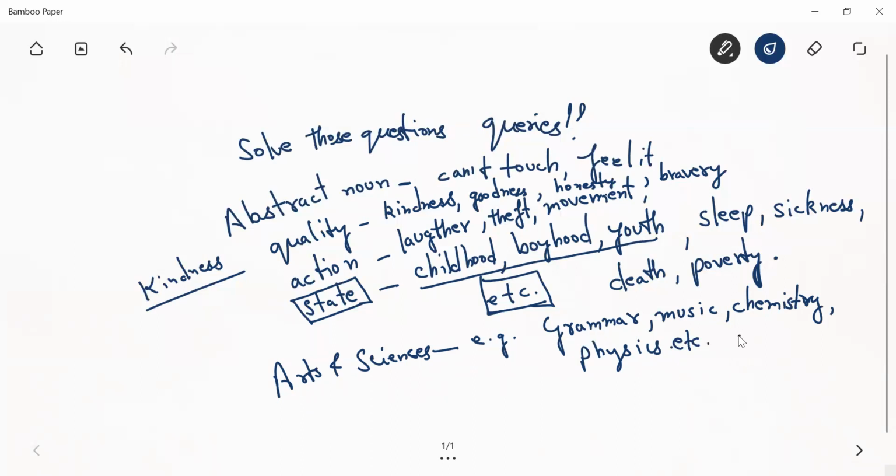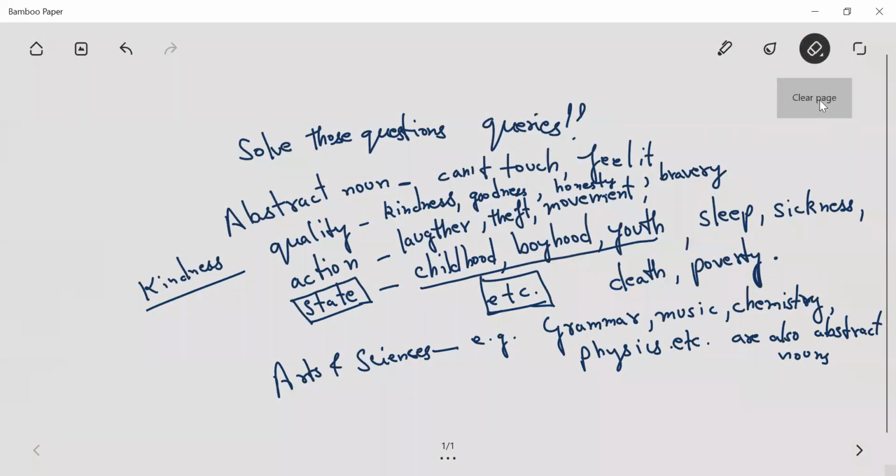These are also abstract nouns. Now, abstract nouns are formed from adjectives. Because adjectives contain happiness, like from those.